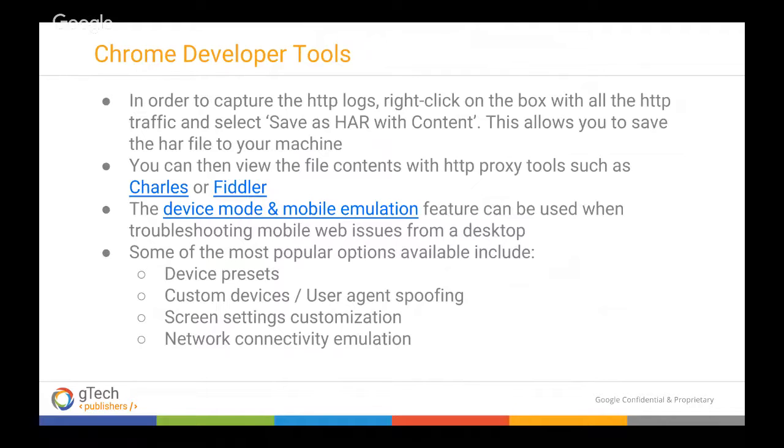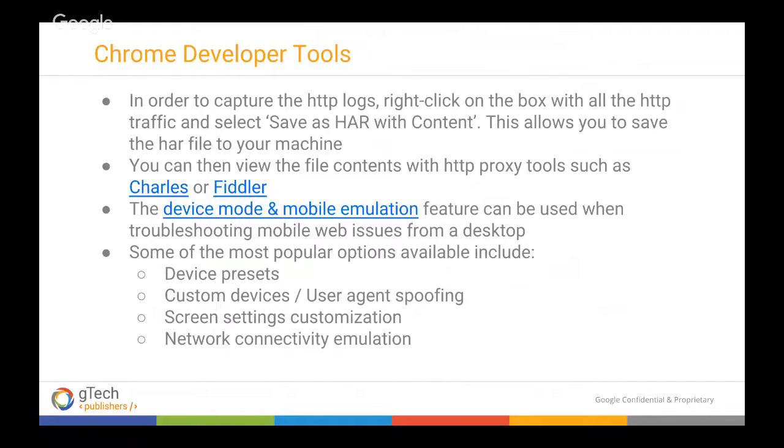This file is a collection of all of the requests that have been run on the page, exactly like we saw them in the Network tab. We want to save these files so that we can export them and open them in external applications where we can run an even deeper type of analysis.